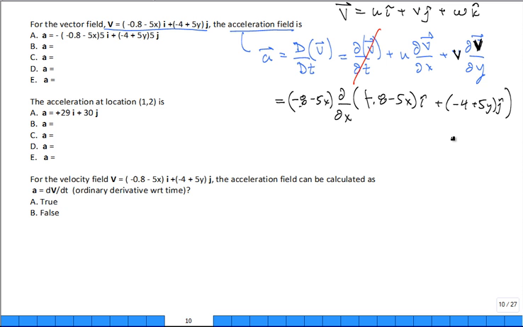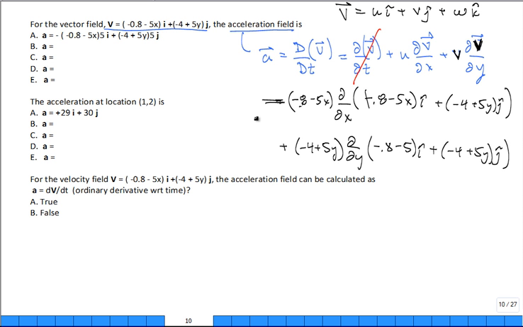Yeah, let's continue to write the other one. It's plus v, negative 4 plus 5y, the partial with respect to y, of negative 0.8 minus 5x i plus negative 4 plus 5y j. Both of those are on the right side of the equation.